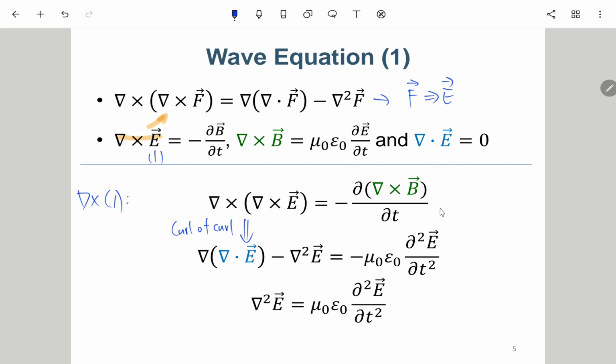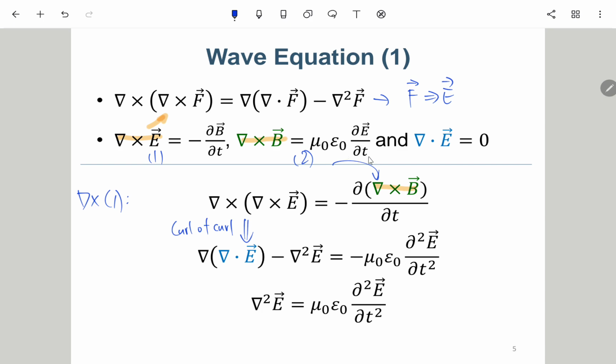On the right side, we have the curl of B, so of course we will make use of Ampere's law in free space. We put equation 2 here. Mu naught epsilon naught are constants, so we can put them outside with a minus sign.